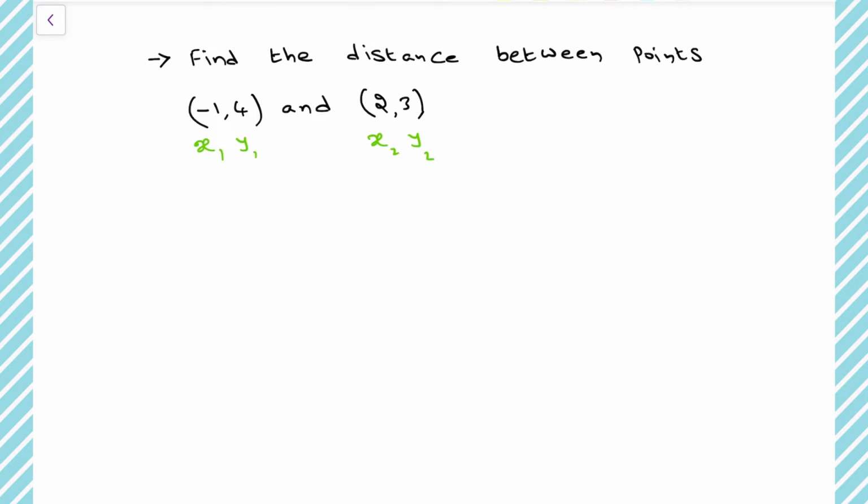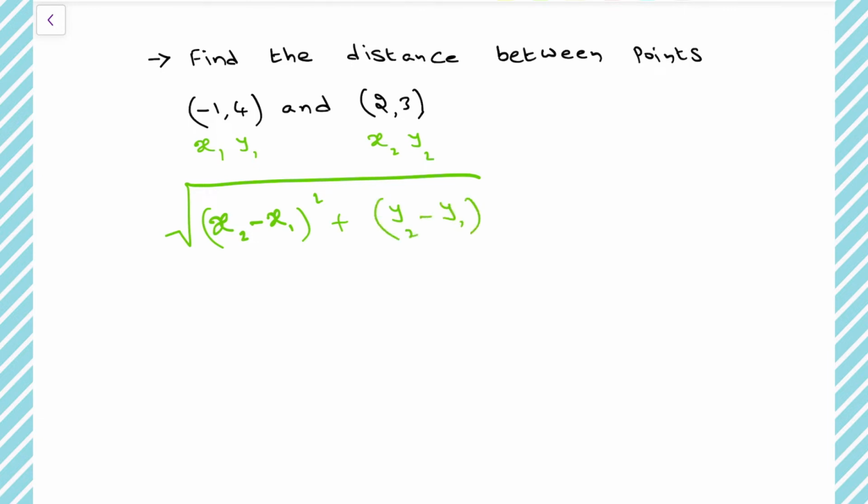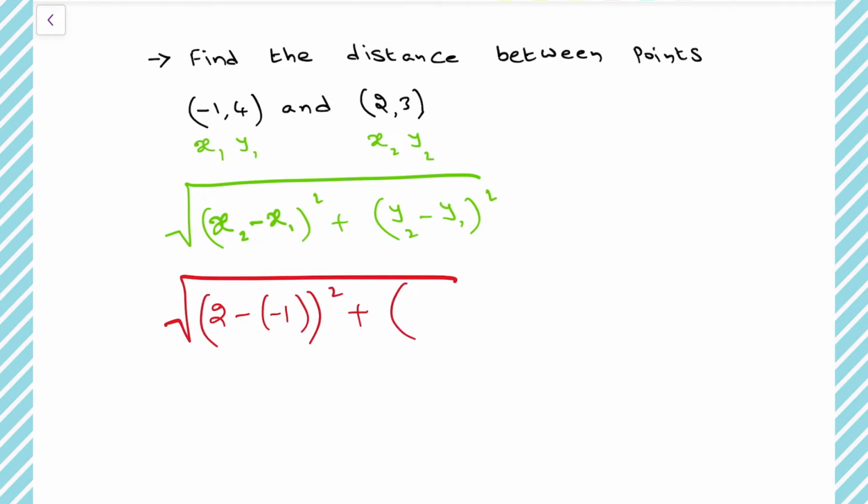The formula to find the distance is under root x2 minus x1 whole square plus y2 minus y1 whole square. Under root, x2 is 2 minus x1 is minus 1, whole square, plus y2 is 3 minus y1 is 4, whole square.